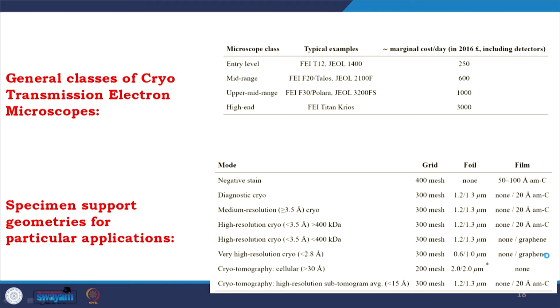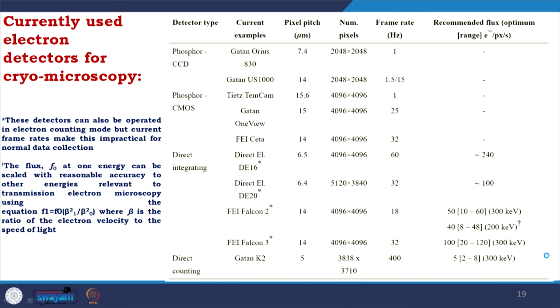Negative stain, diagnostic cryo, medium resolution which is around 3.5 angstrom cryo, high resolution higher than 3.5 angstrom for greater than 400 kilodalton substances, higher resolution for less than 400 kilodalton substances, very high resolution, cryotomography and cryotomography with high resolution subtomogram averaging. You have to have the grid, foil and film according to that.